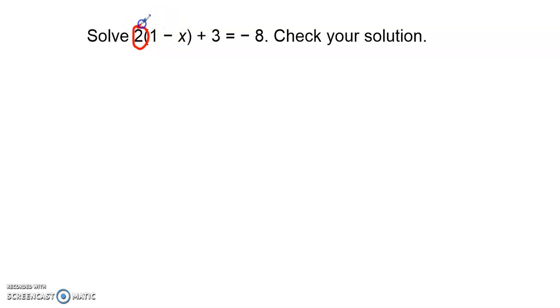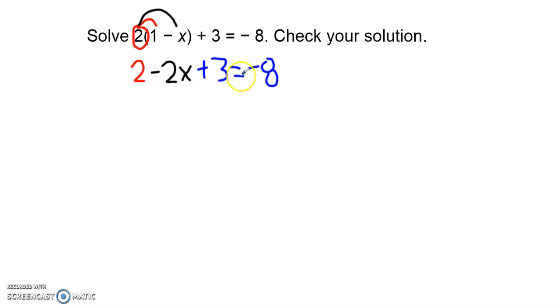So we'll go ahead and do 2 times 1 first, and 2 times 1 is 2. And then we'll go ahead and do this one, 2 times negative x, which is negative 2x. Then we'll bring everything else down. So plus 3 and a negative 8.